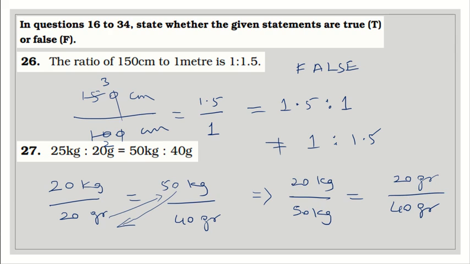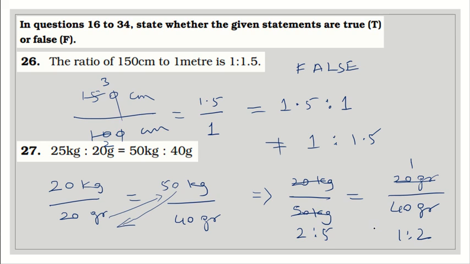Now the ratio of this is 2:5 and the ratio of this is 1:2. Do you think they are equal? 2:5 is equal to 1:2. So is it 20 grams or 10 grams?